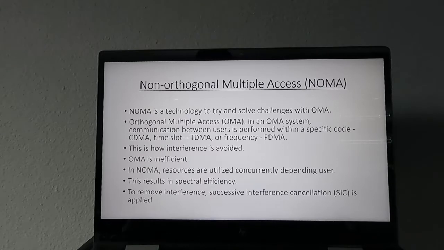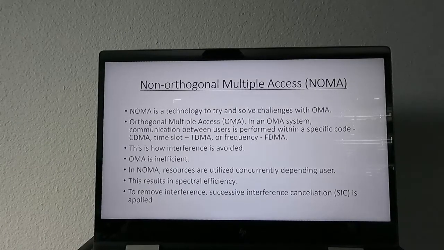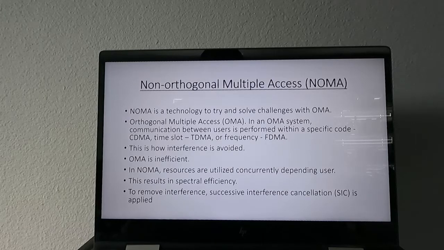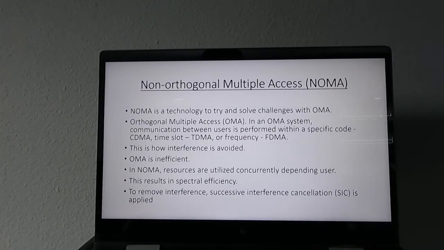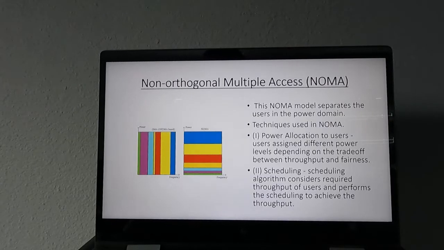And this can improve the spectral efficiency, with the user with the highest priority using the resource, for example, a channel, and the user with the lower priority not using the channel. Now, to remove interference between users in the same channel, successive interference cancellation, SIC, is used.